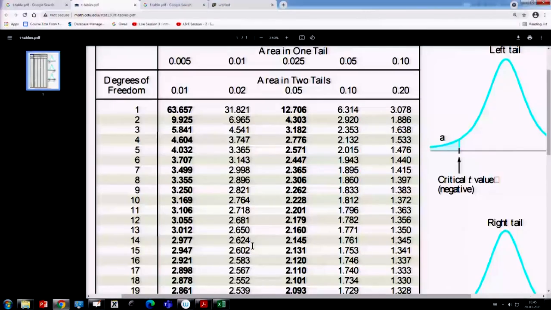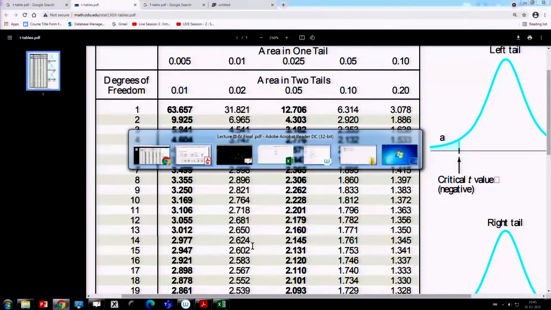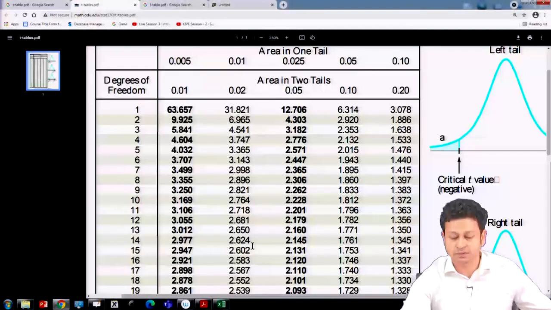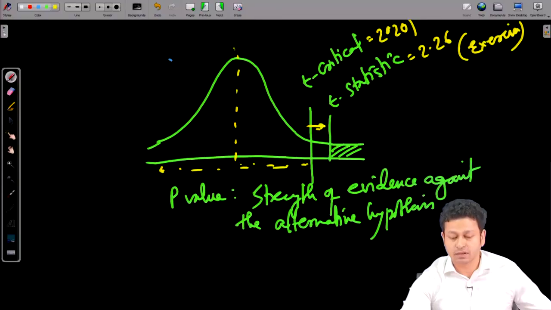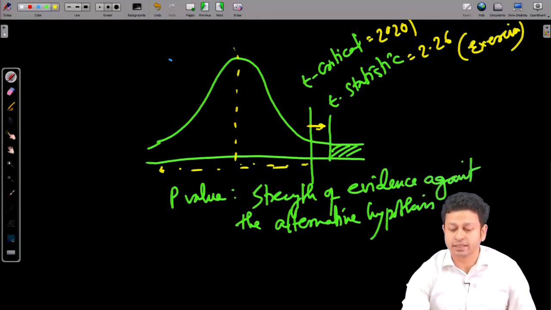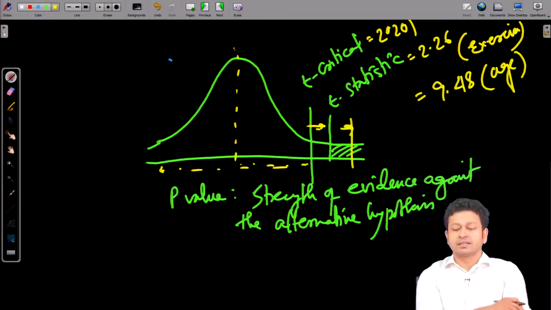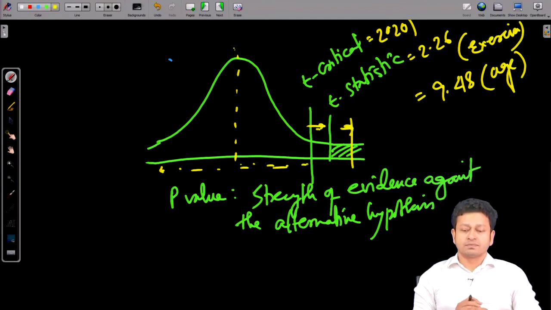Now for age, your t statistic is 9.48, and you have already calculated your t critical. So it is falling far to the right of your t critical, and that is why we can definitely reject.